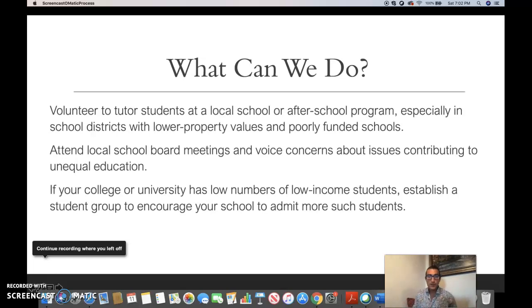Now, what about the lower class student of color who's a woman, who has a disability, who didn't have those opportunities that you had, but still worked hard to graduate and maybe doesn't have a 4.0 GPA, but they still worked hard. They got out of high school and now they want to go to college.